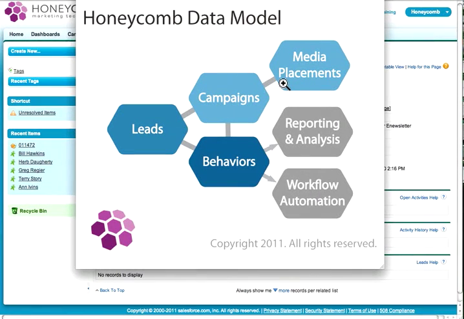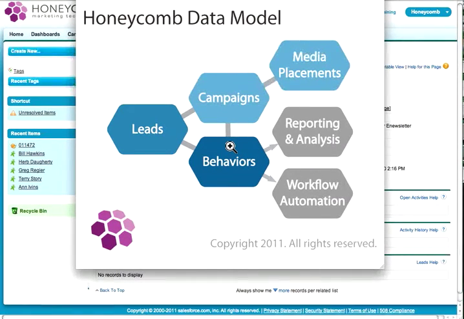If it doesn't have those, it uses logic to determine which campaign and media effort created them. If we're uploading data, we can also use the data in the spreadsheet to help identify the media placement and the campaigns that created the behavior.